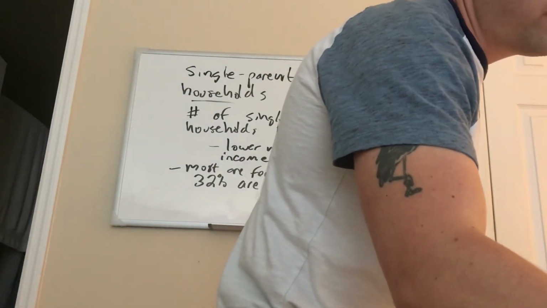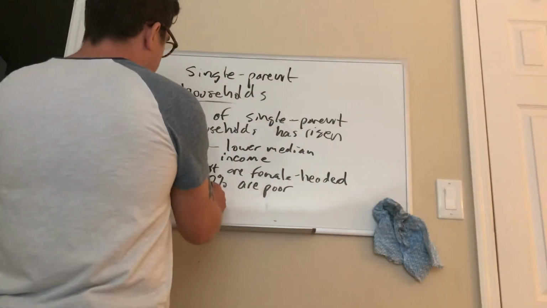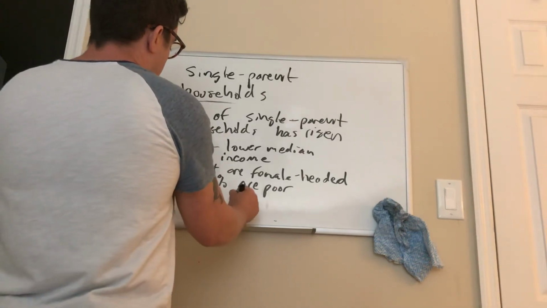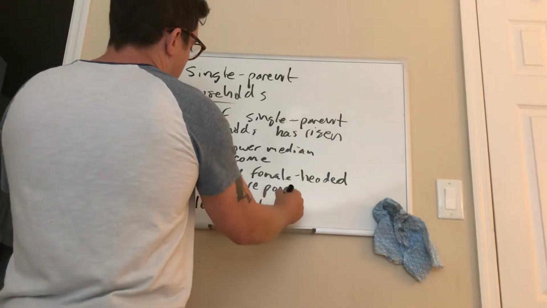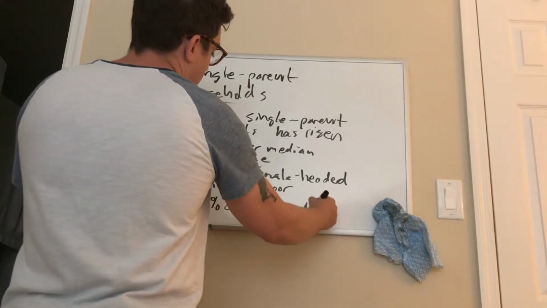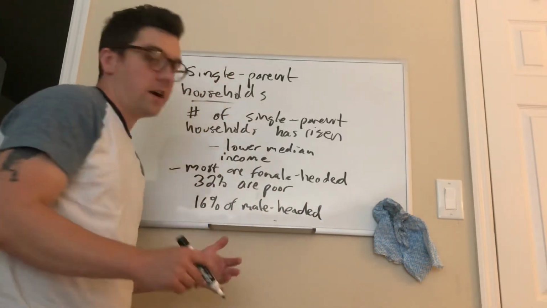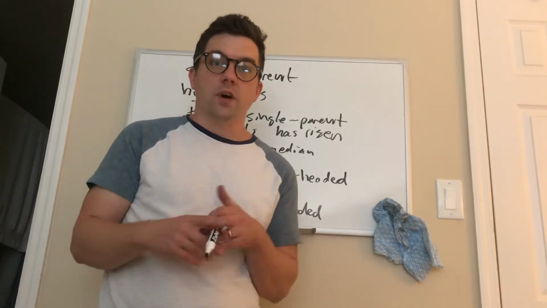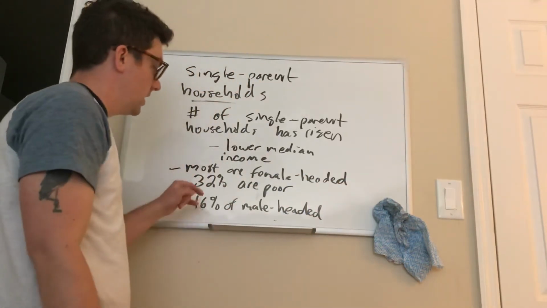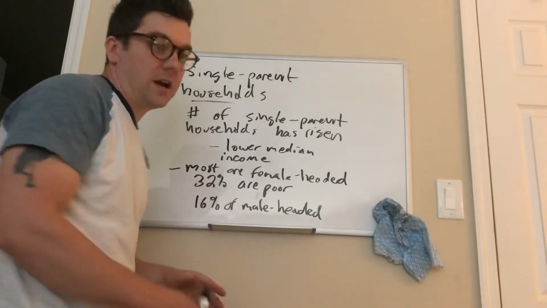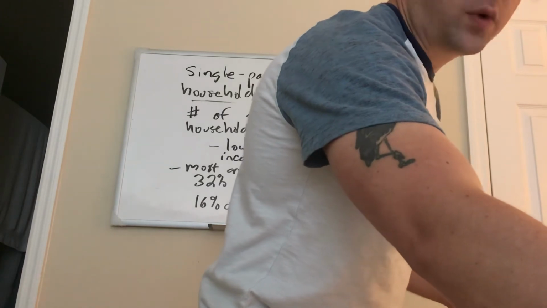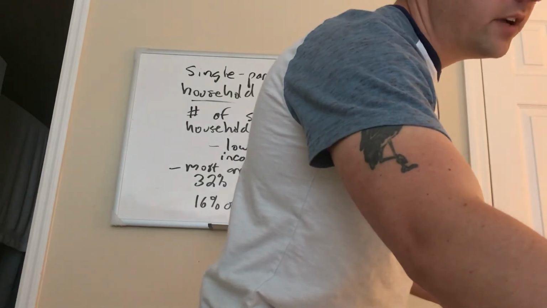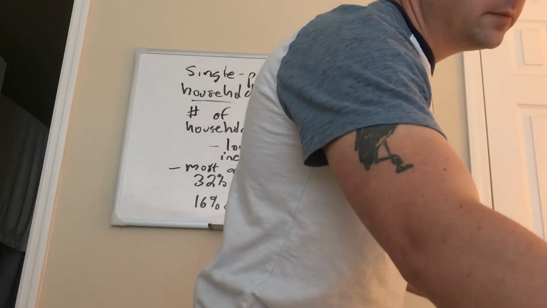Because of the wage gap, this isn't as true for male-headed households. I think only 16% of male-headed households are poor, but that's still higher than the rate of poverty for two-parent households, which is something like 6%. So anytime you have a single-parent household, you're at greater risk of poverty, but female-headed single-parent households are at about twice the risk of poverty of male-headed ones.